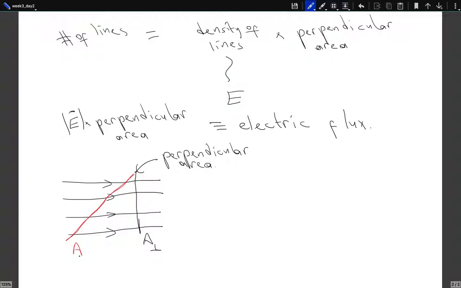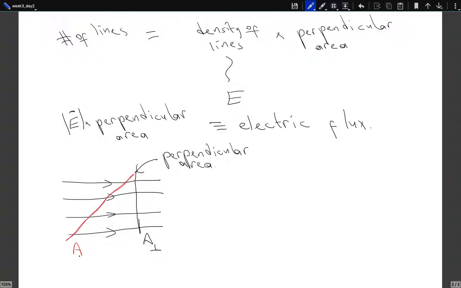Now, I will just consider a very simple case. Just imagine this book. It is a rectangle. What's the area of the rectangle? Multiply the sides. Now let's imagine we have some electric field lines in that direction, but I put my book in this form. So the perpendicular area should be the rectangle over here. That area can be obtained by multiplying this side by this height.